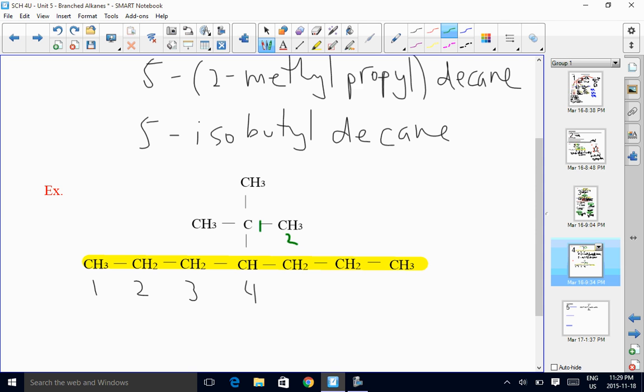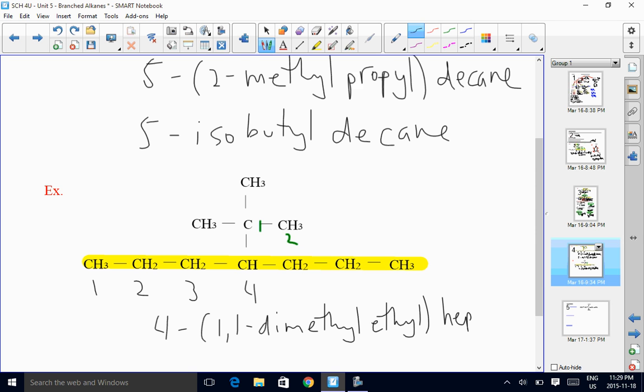So if I were to name it, it would be 4 dash 1,1-dimethyl. Those are the sub-branches. Ethyl. And then 5, 6, 7, heptane. There you go. All done.